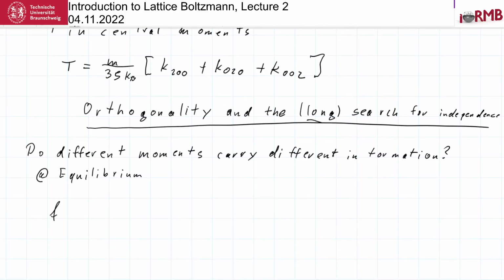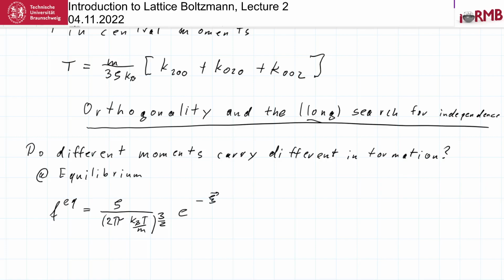Say our equilibrium function looks like this. I've not completely introduced all these factors, but it is not absolutely important why you have them. They are just factors to get a level of consistency.